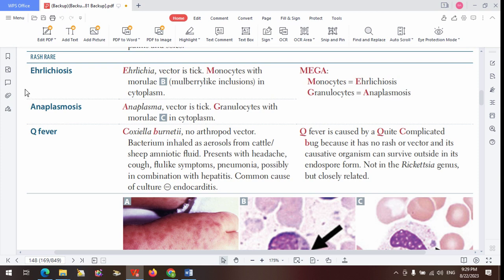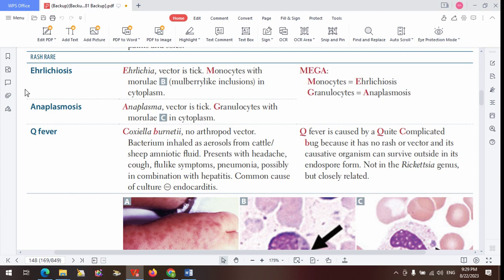So problem with the lung and the liver, hepatitis and pneumonia. At the same time, it can also cause endocarditis. It's one of the culture negative causes of endocarditis. So aside from the HACEK organisms, Q fever is another cause of culture negative endocarditis.